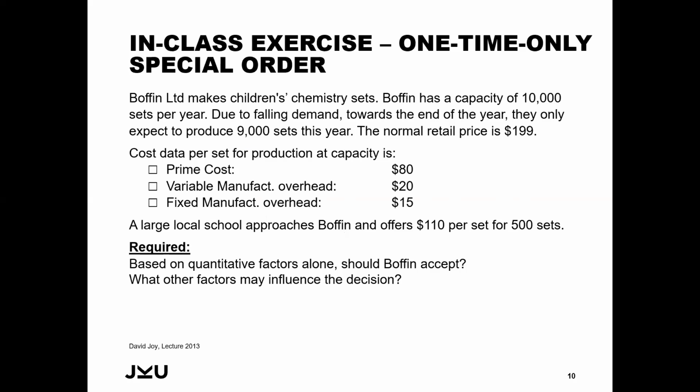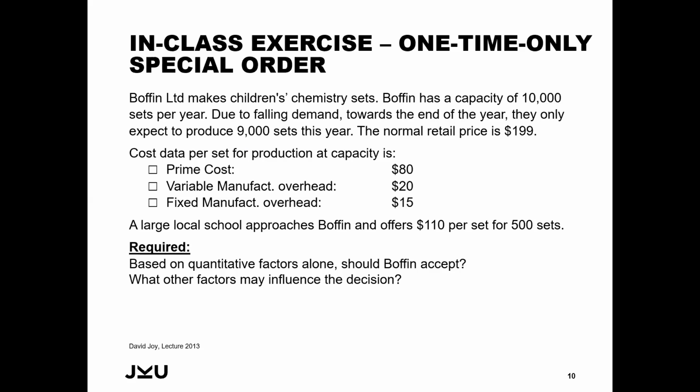Now, a large local school approaches Boffin and offers $110 per set for 500 sets. That's exactly such a situation, a one-time-only special order. They want 500 sets, and since we have a lack of orders towards the end of the year, we have a capacity left of 1,000 chemistry sets.